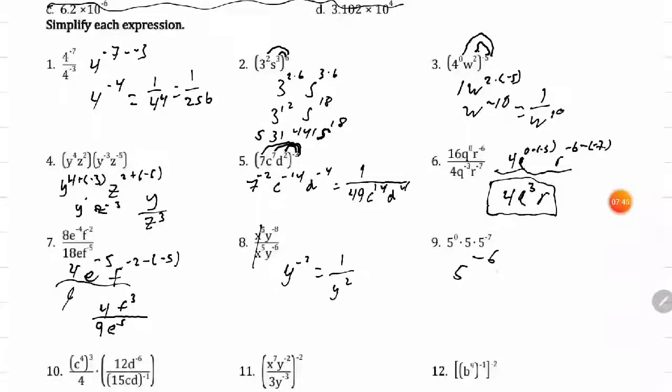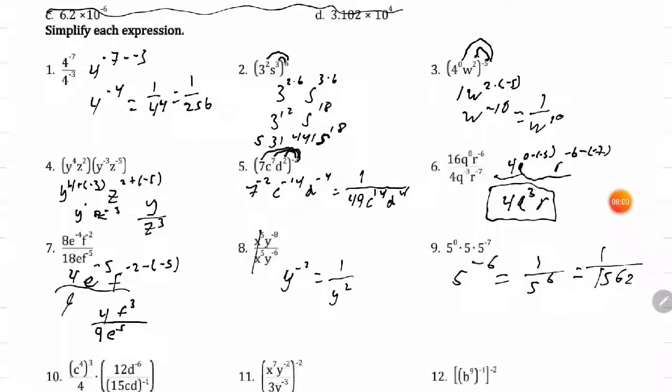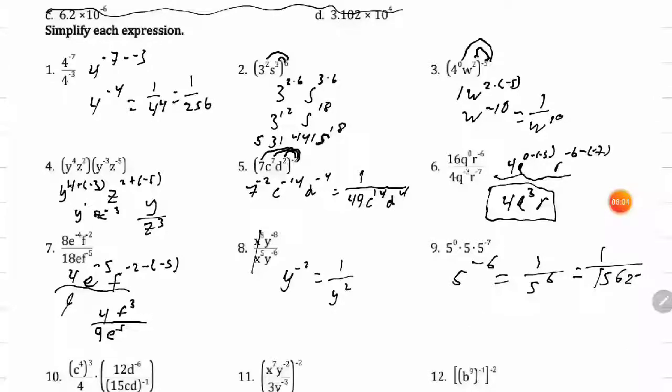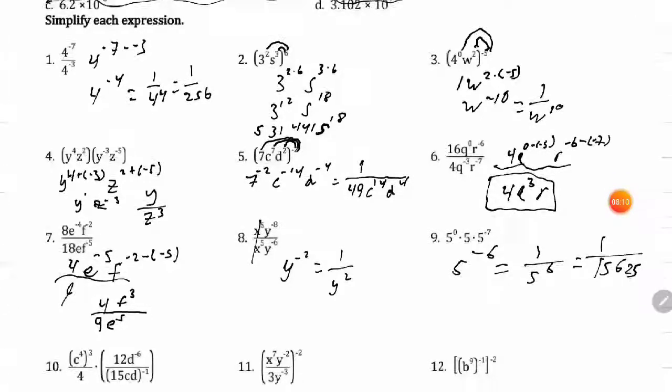And then we don't like that, so that's going to be 1 over 5 to the 6th, which becomes 1 over some huge number, 15,625. Alright, let's move on.